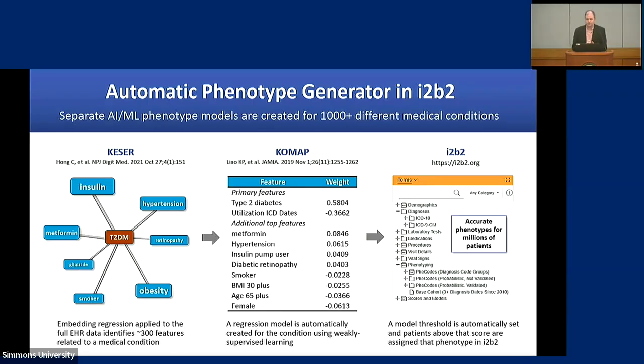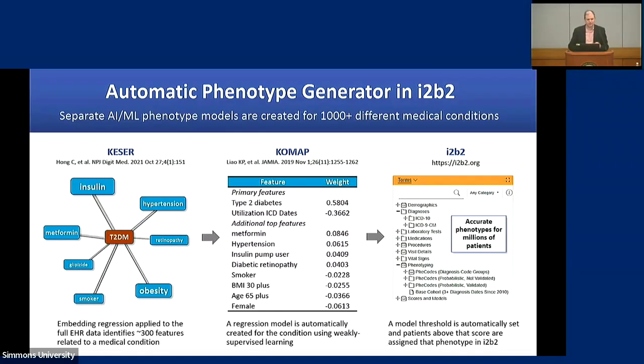So when I have a new patient, I can take the codes that are in their chart inside of I2B2 or OMOP. I can run them through these weights, and out will come a score that says the likelihood of that patient having that condition. There's a default threshold, and the patients above those thresholds get a code inside of I2B2 saying that they likely actually have that condition versus the raw code that the clinicians entered.